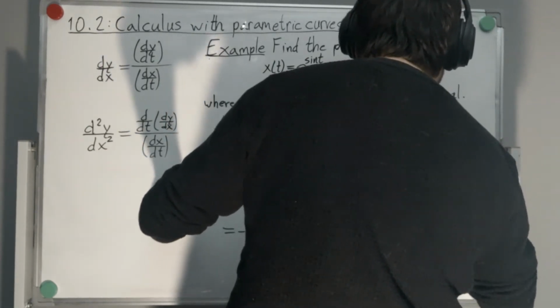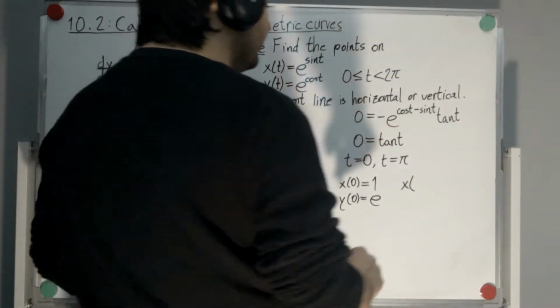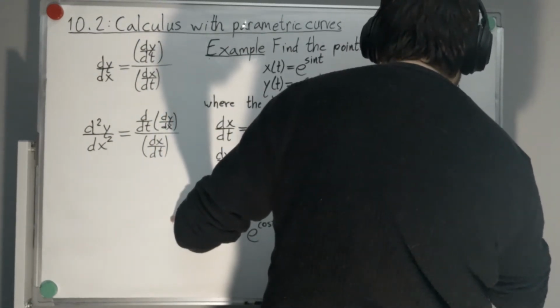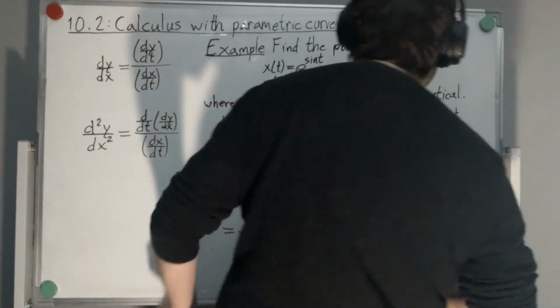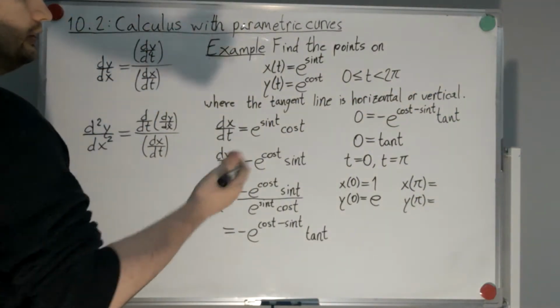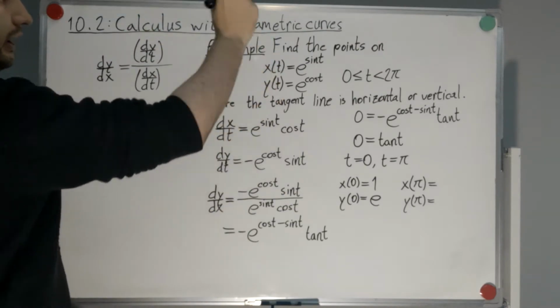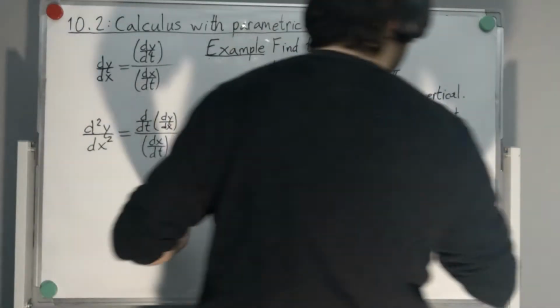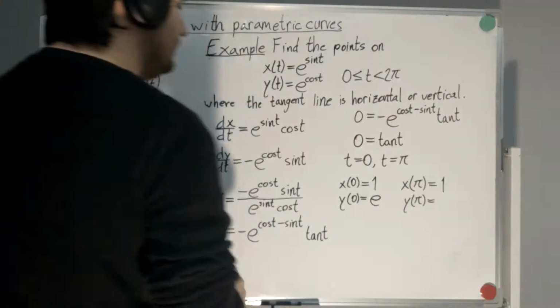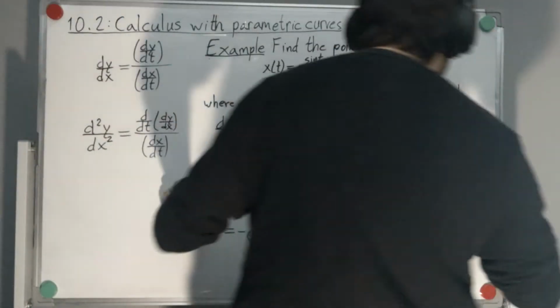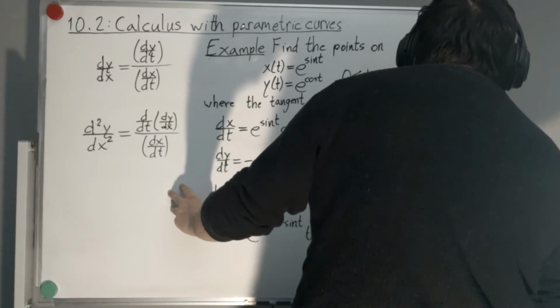Meanwhile, we also need to look at x of pi and y of pi. So, let's see, x of pi is going to be e to the 0, which is 1. And y of pi is going to be e to the negative 1, which is also known as 1 over e.